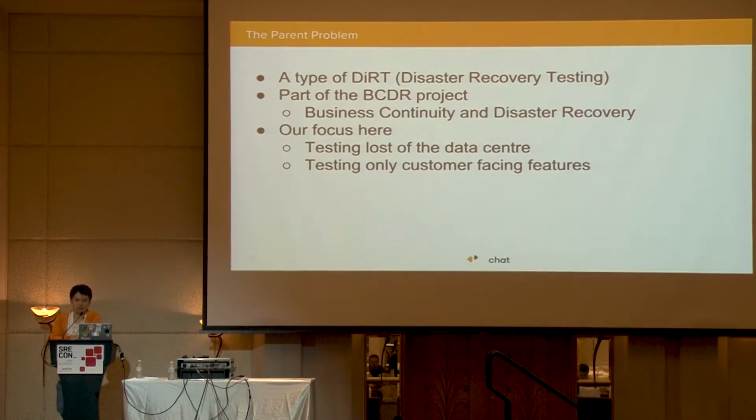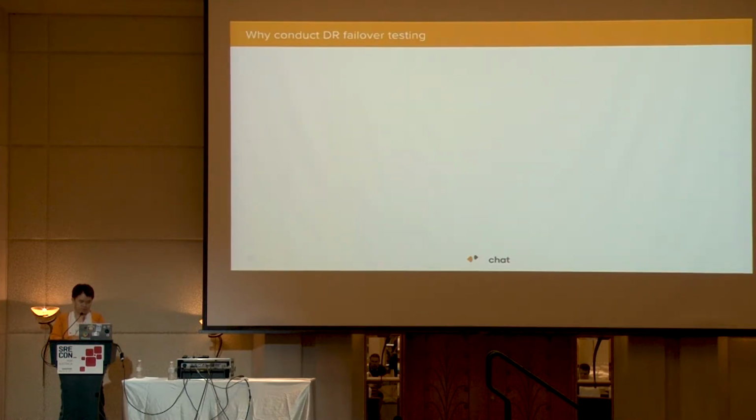And we're only testing customer-facing features. So we are excluding whatever internal tools developers or other internal users might be using; if those are not available after the DR failover, we don't really care that much in this particular context. So this is the parent problem.